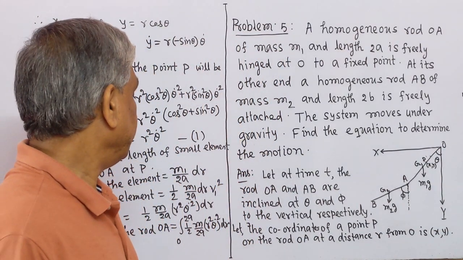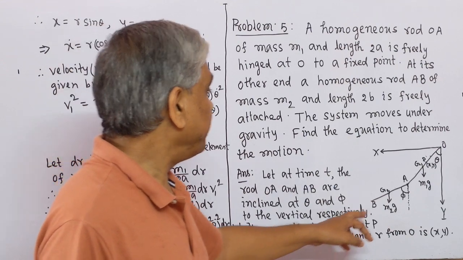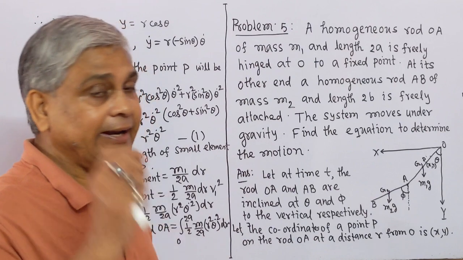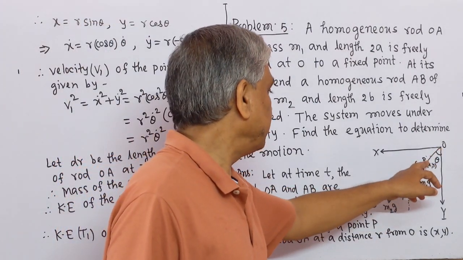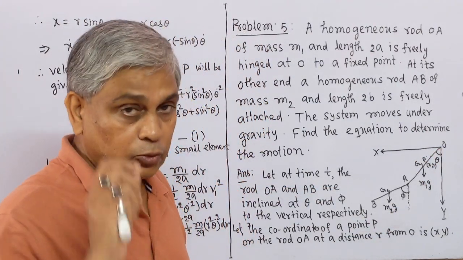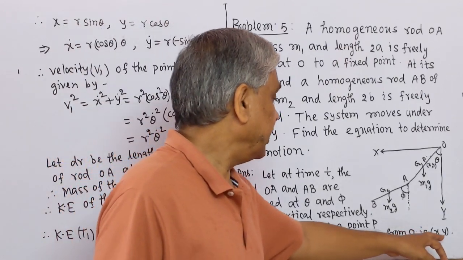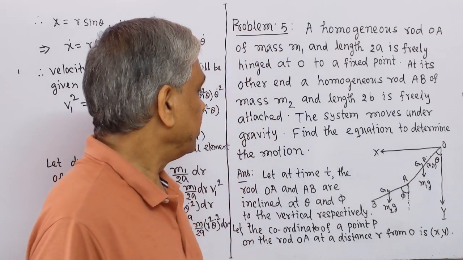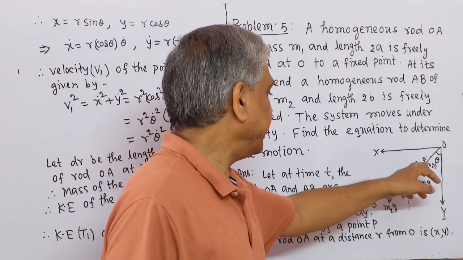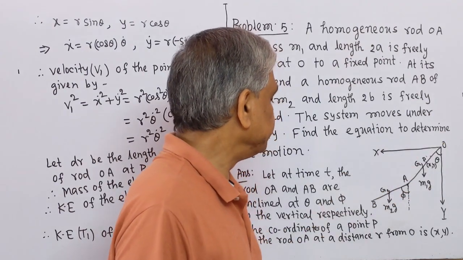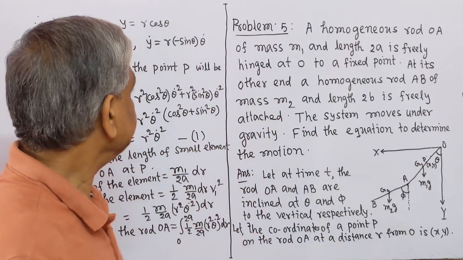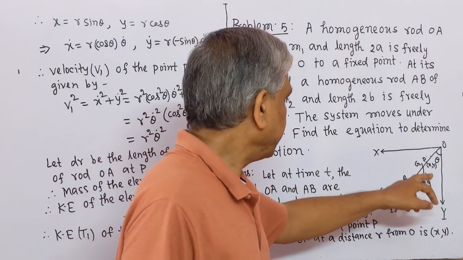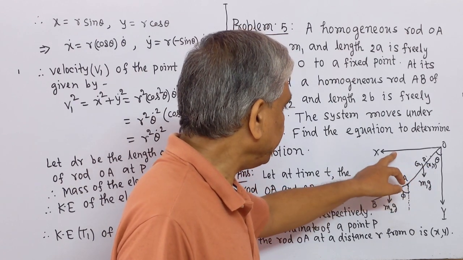Let the coordinates of a point P on the rod OA, at a distance r from O, that is OP equal to r, be x, y.